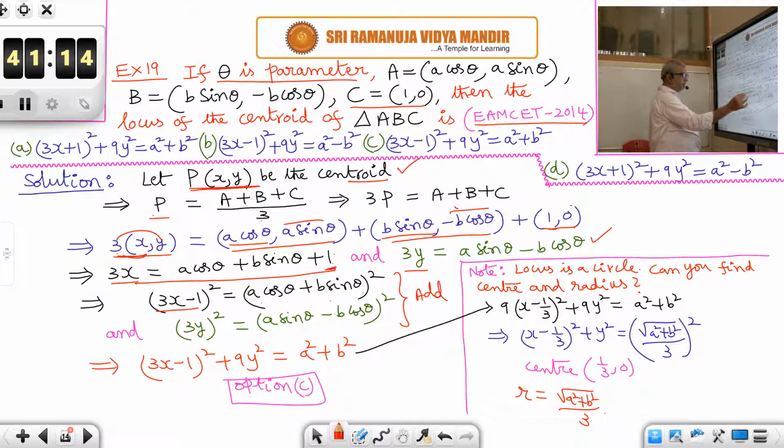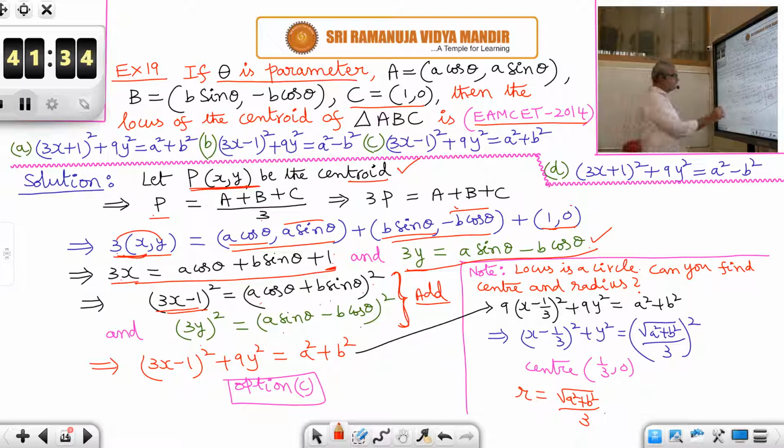So 1 I am taking to the left side, 3x minus 1, then squaring it. Here there is no constant on the right side, so directly square it, second equation. So (3y) whole square is equal to (a sin theta minus b cos theta) whole square. These two equations, add them.